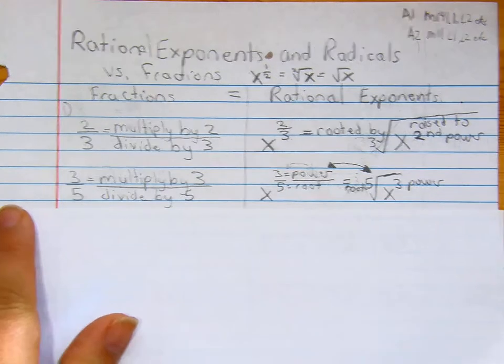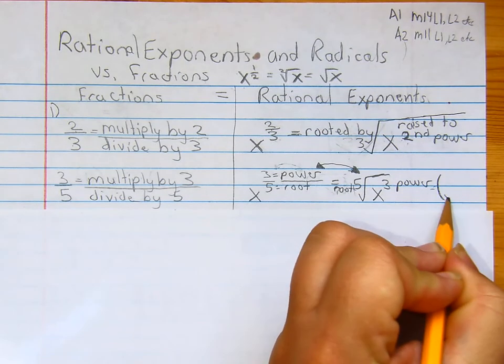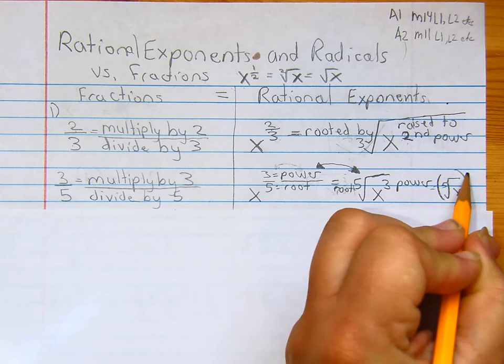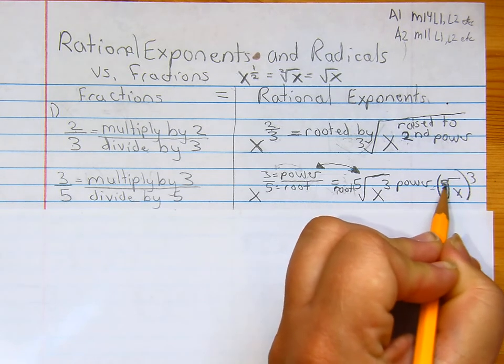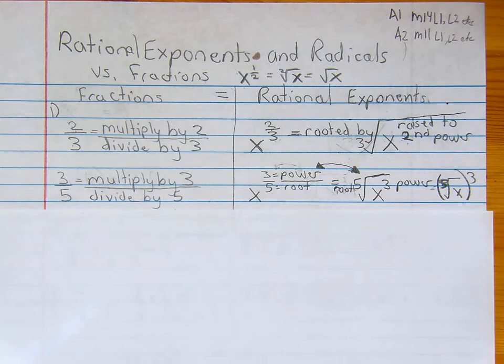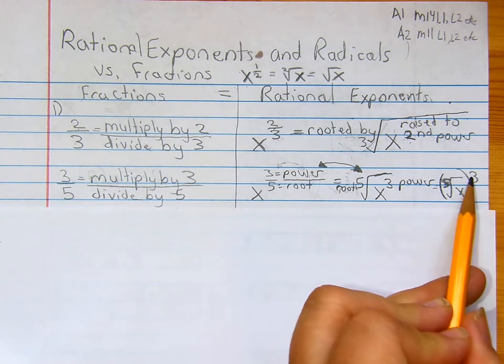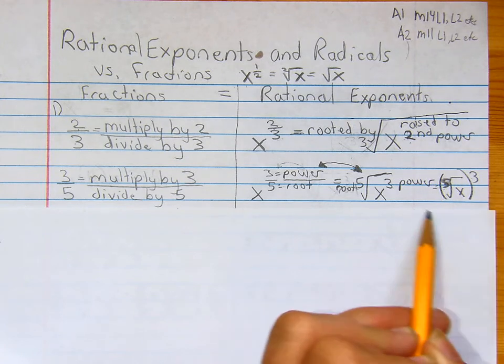We can write it that way, or we can write it as the fifth root of x raised to the power of 3. Okay? They're interchangeable. The process of getting larger, the process of getting smaller. This is just exponentially.